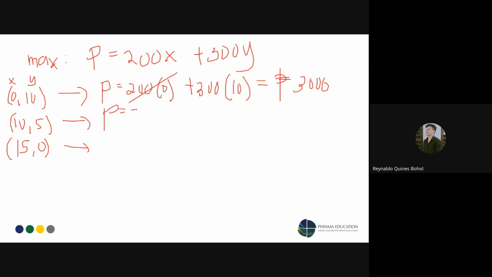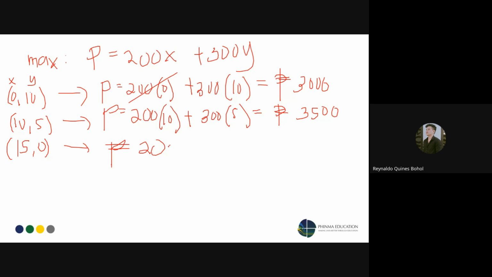Next is 200 times 10 plus 300 times 5. 200 times 10 is 2,000. Then 300 times 5 is 1,500. So magiging 3,500. Next naman, this is 200 times 15 plus 300 times 0 equals, what is 200 times 15, guys?